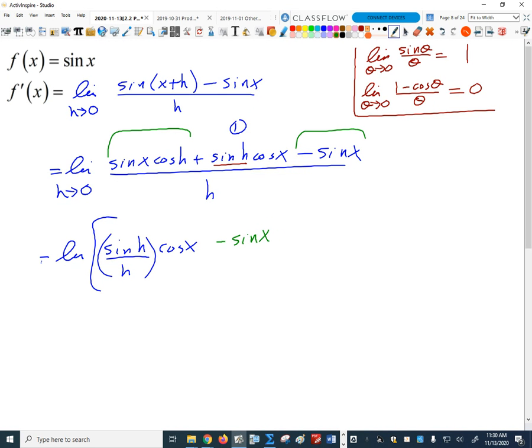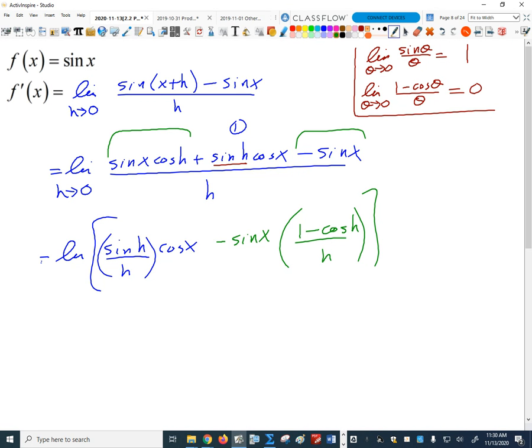I get minus sine x times what's left over, which is 1 minus cosine h. And let's group the h there, because I've got a common denominator and I'm just splitting it up into each of these 2 parts. Everybody see that?